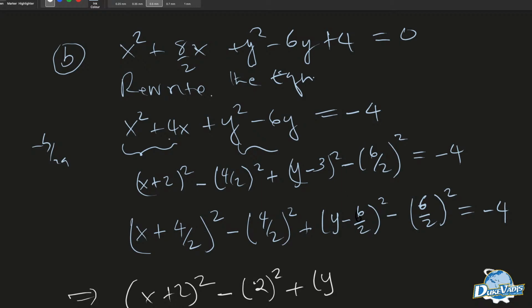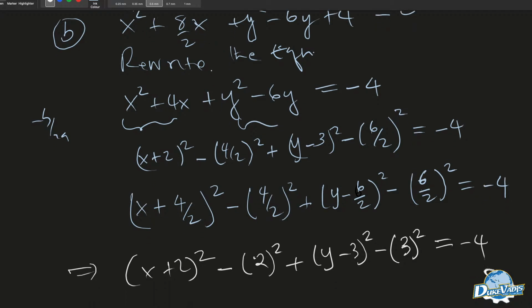And originally this one is 6 divided by 2. This will give minus 3 squared. And you for sure know that this is positive 3 squared if you're subtracting, equals what? Minus 4.